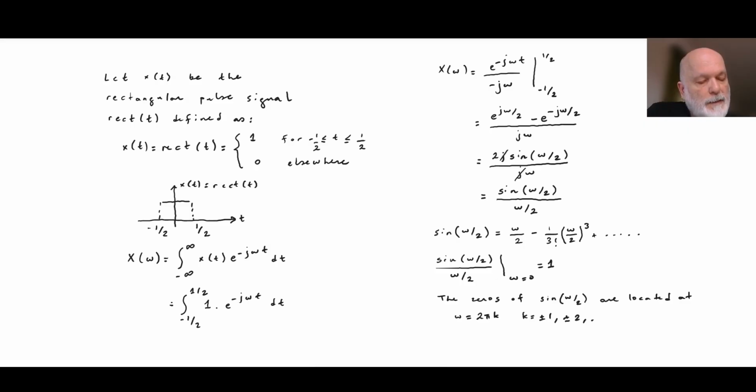So we have these integer multiples of 2 pi, both for positive integers or negative integers, 1, 2, etc. So we have the zero crossings.